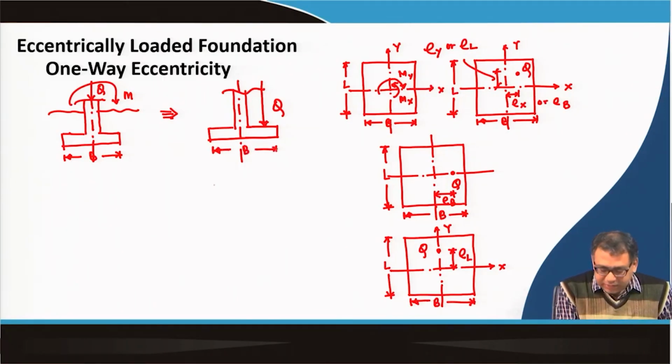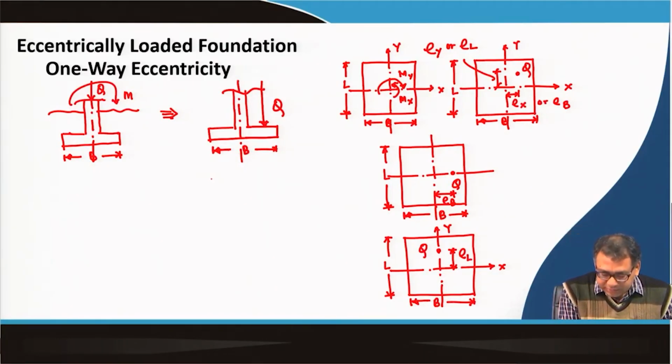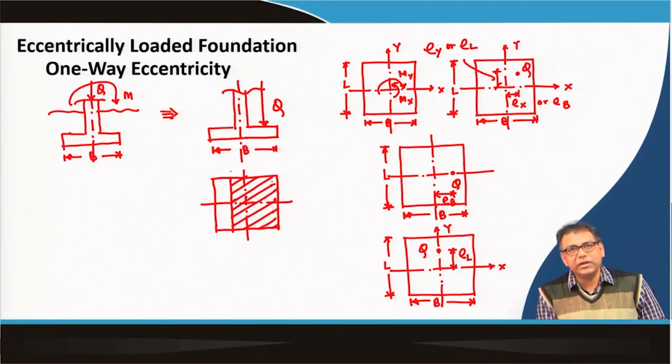Finally, as the loading is acting away from the center, my effective area of the footing will decrease. So, this is say the center. This will now be the effective area. The hatched portion will now be the effective area in this case, because here the eccentricity is in the width direction.